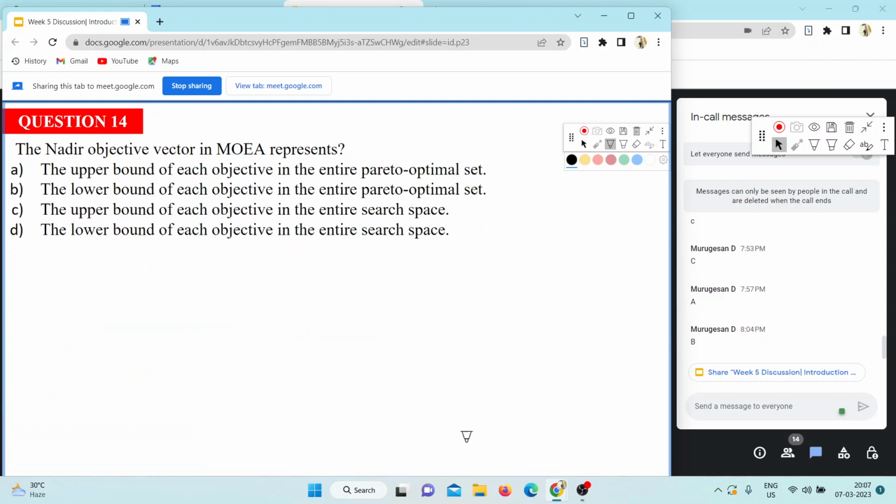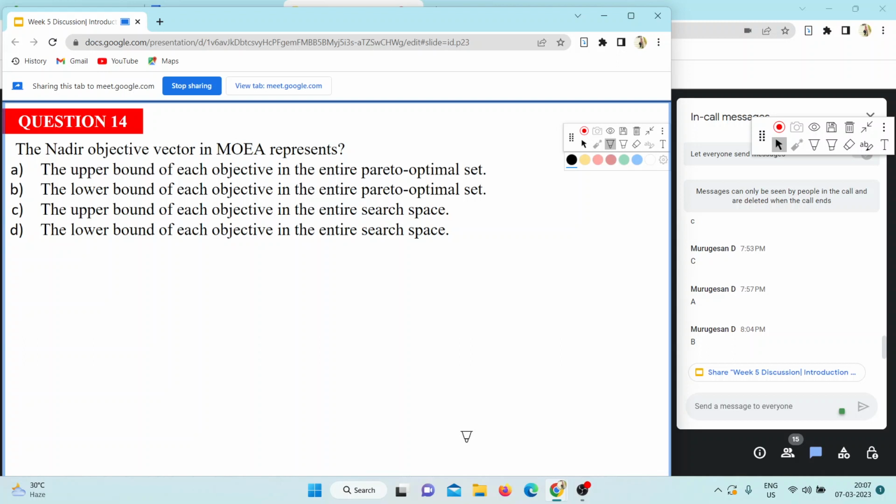The Nadir objective vector in MOEA represents: A, the upper bound of each objective in the entire Pareto optimal set; B, the lower bound of each objective in the entire Pareto optimal set; C, the upper bound of each objective in the entire search space; and D, the lower bound of each objective in the entire search space.